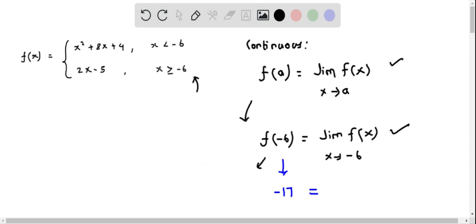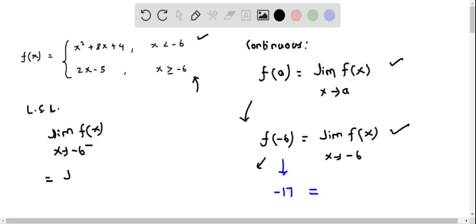Find the left side limit. For that, we have to use this first part. So the left side limit is the limit of f of x as x approaches negative 6 from the left.